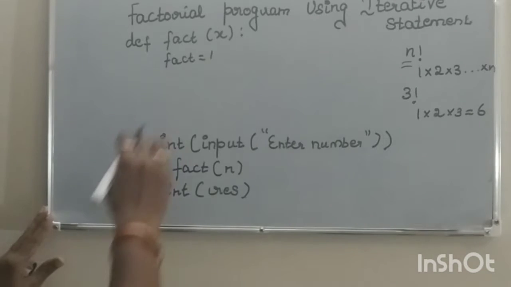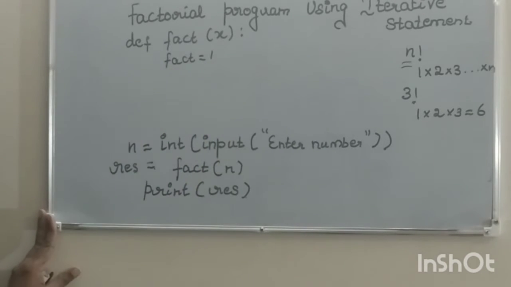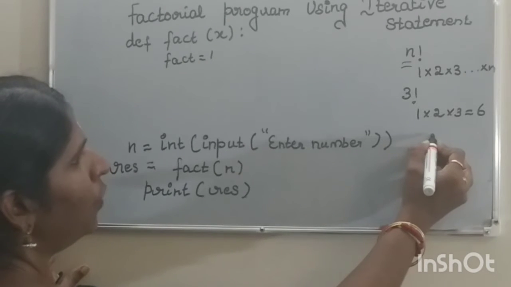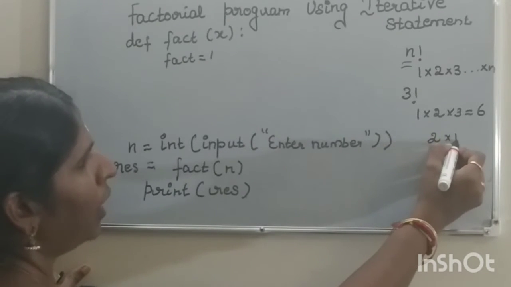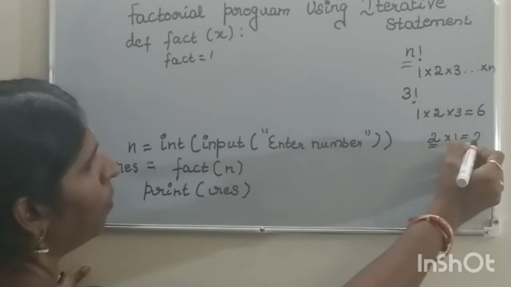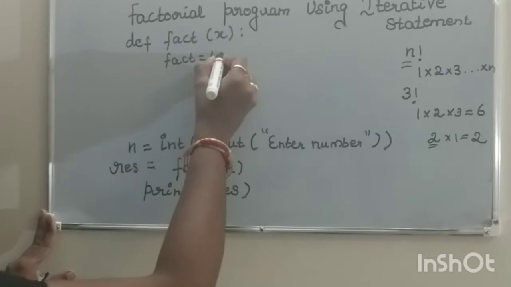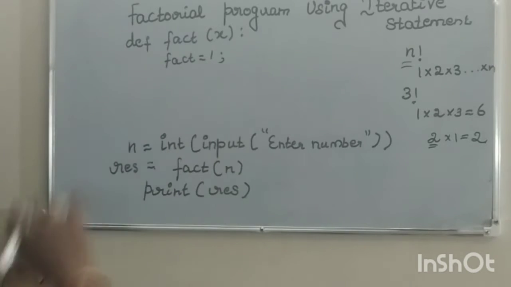And then I initialize the value 1 to fact using the equal to operator. If you multiply any number by 1, it will produce the same number. That's why you have to initialize the value 1 here.